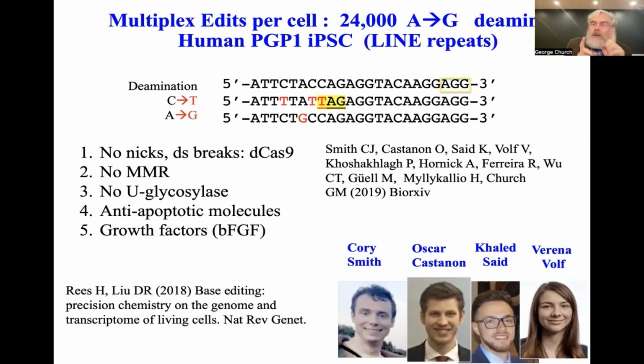But it's critical that we did A to G rather than C to T, or worse yet, nicks or double-strand breaks, because any nick or double-strand break, including the ones that come from mismatch repair or uracil glycosidase, are toxic at this level of editing at once. But A to G has little off-target and we've now saturated all the LINE elements as far as we can tell in this particular category, 24,000 edits per cell.